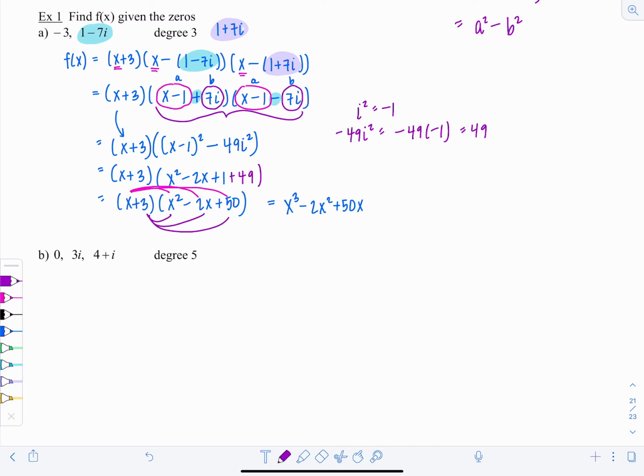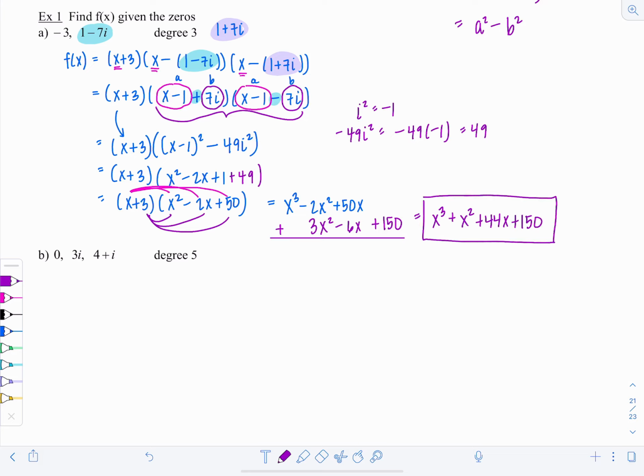So 3 times x squared, that's 3x squared, minus 6x plus 150. Combine your like terms, and you end up with x cubed plus x squared plus 44x plus 150. And box it. Lovely. Very, very lovely.